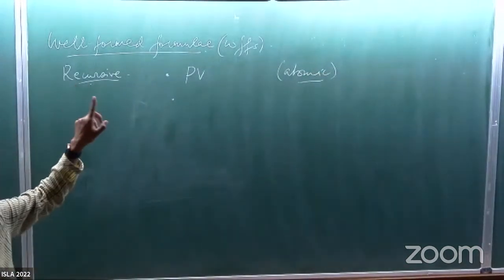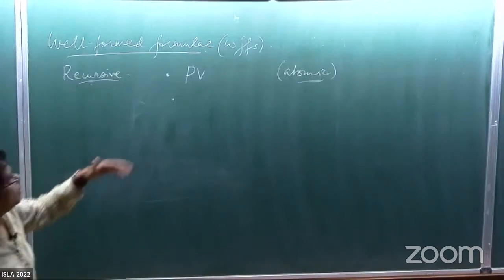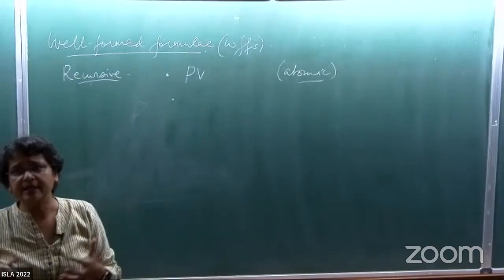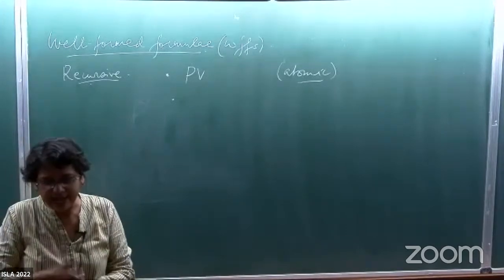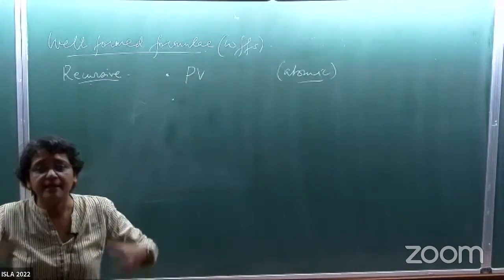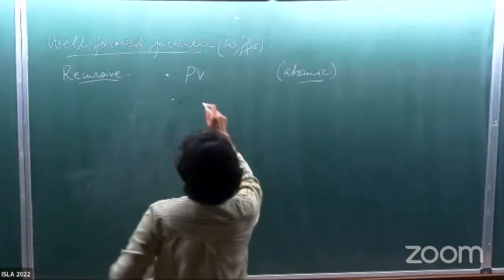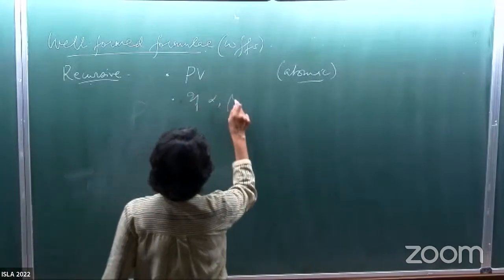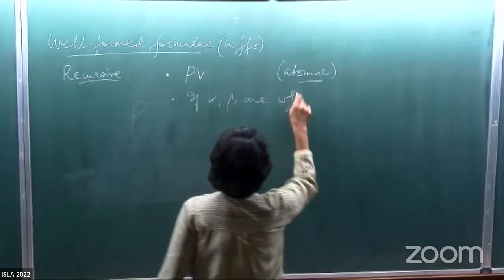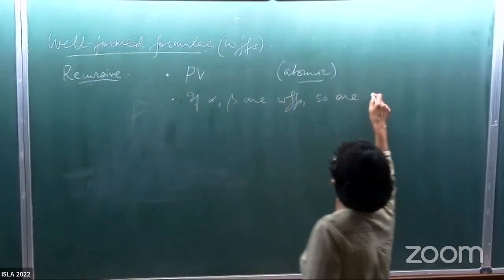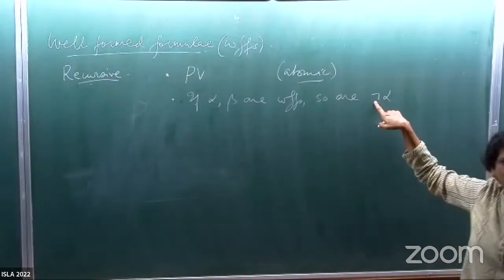And as I said, it's recursive. So recursive you can loosely understand as inductive. So if you're telling me that alpha and beta are well-formed formulae, then using the logical connectives, I will build the set. So if alpha, beta are WFFs, note that this is a unary connective.